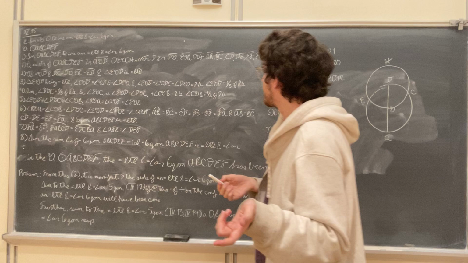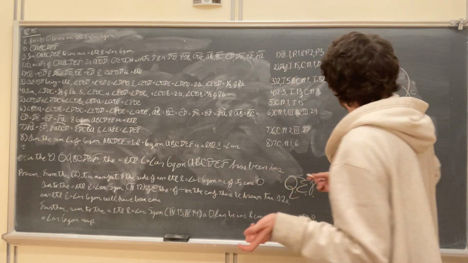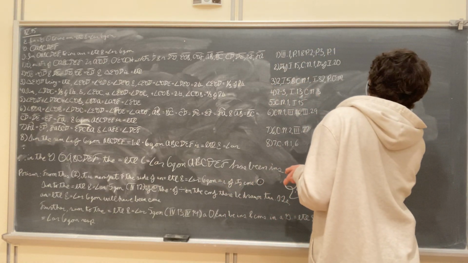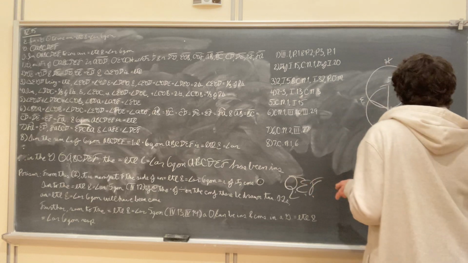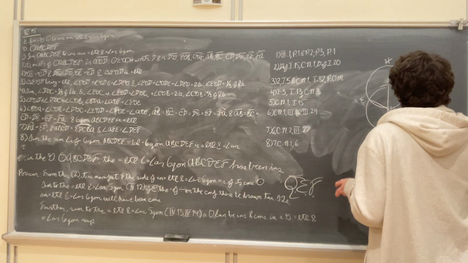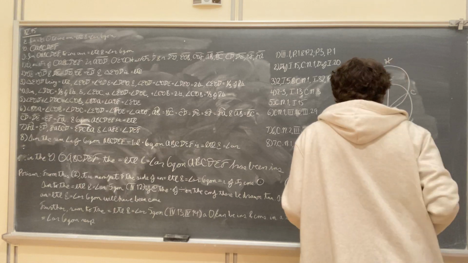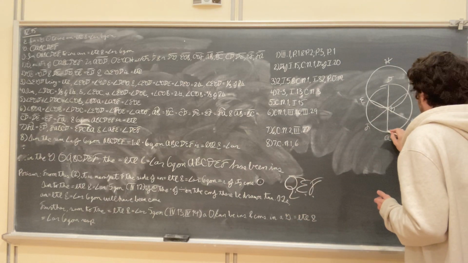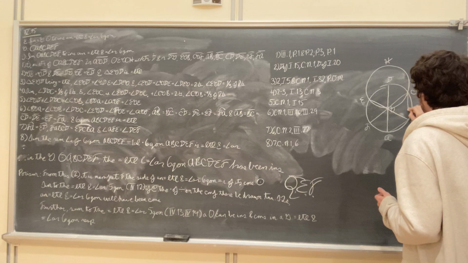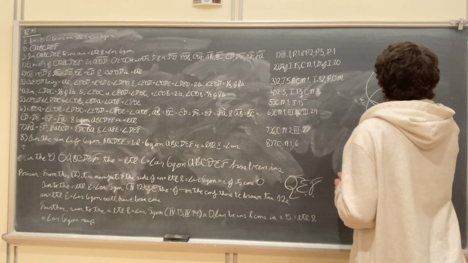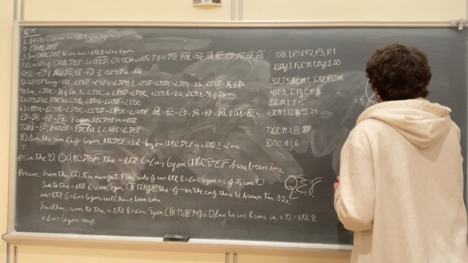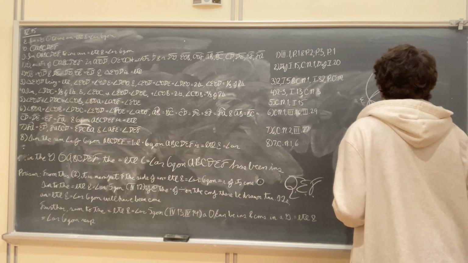And finally, we're going to join these straight lines EGB. So join EG and produce it down to B like so. And similarly, join CG and produce it down to F like so. And we end this by joining these straight lines AB, BC, CD, DE, EF, and FA.